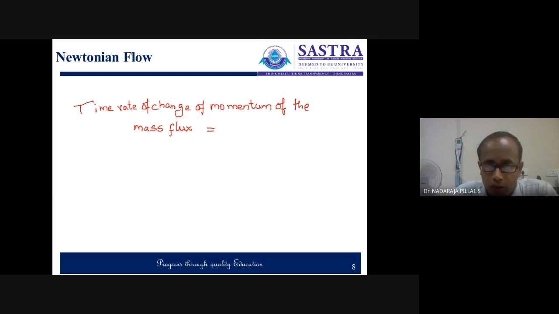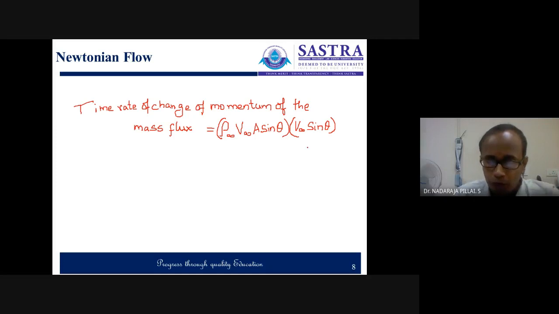So we already have the time rate of change of momentum of a mass flux. We have rho infinity, v infinity, A sine theta, which can be multiplied by again v infinity sine theta. Right? So rho infinity, v infinity, right?